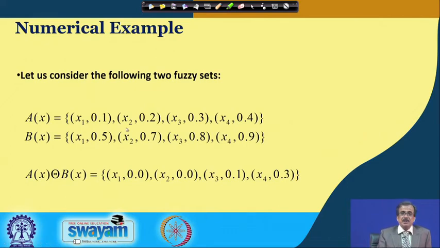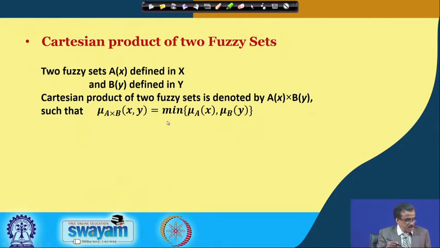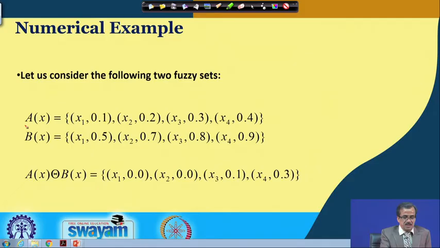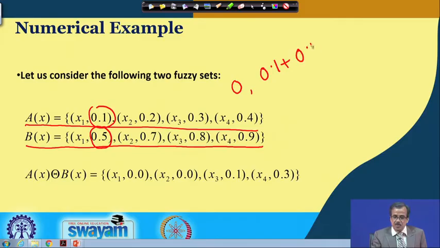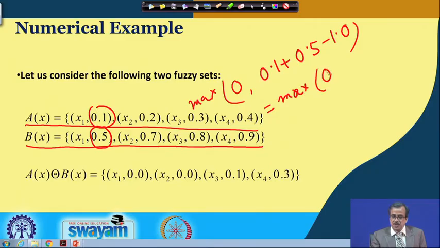Now, if we just solve the numerical example, say I have got two fuzzy sets here. One is your A(x), another is your B(x), and we will have to find out the maximum between 0 and mu A plus mu B minus 1, that is your 0.1 plus 0.5 minus 1.0, and we will have to find out the maximum of this, and this is nothing but the maximum between 0 and here it is 0.6 minus 1.